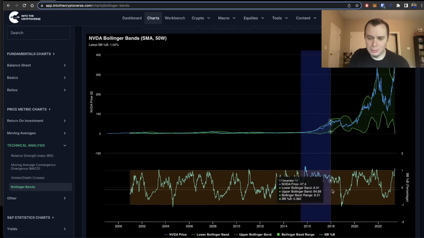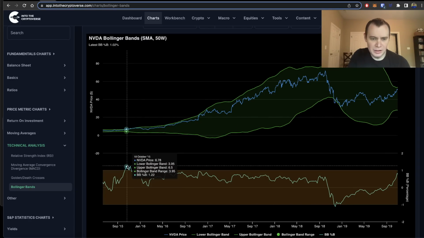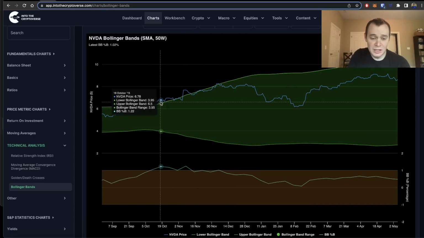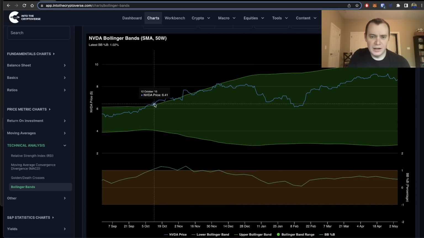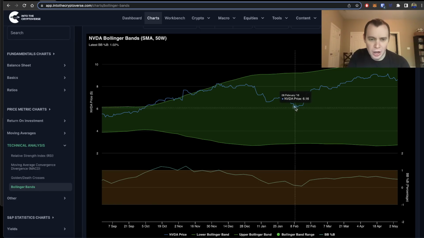There's also another example here, let me see if I can find it. So in here, 2015, right? So let's zoom in over here to 2015. What you'll see is that Nvidia did get above the 50-week moving average, just like it is now, and it kind of climbed the wall of worry for a while. And then ultimately it did come back down, and it did go below the level that it was once past.